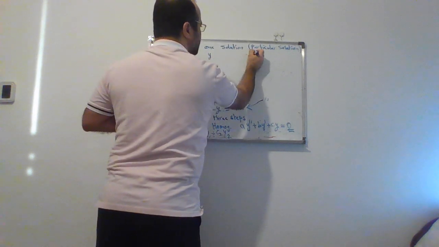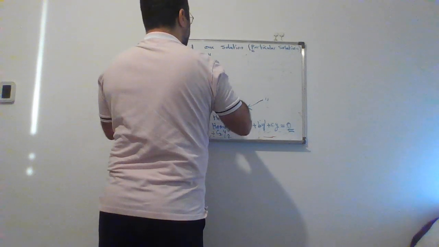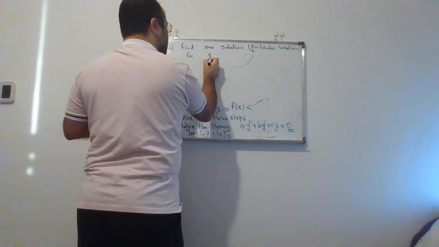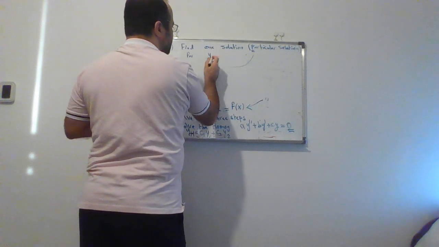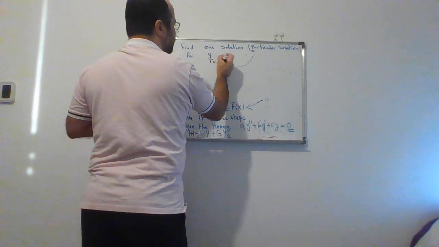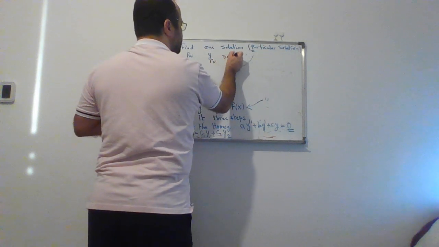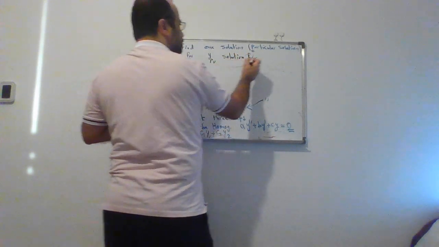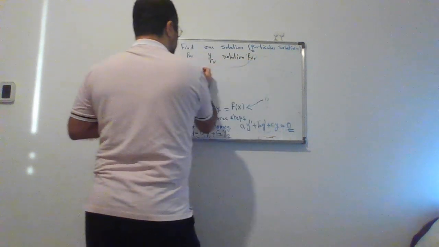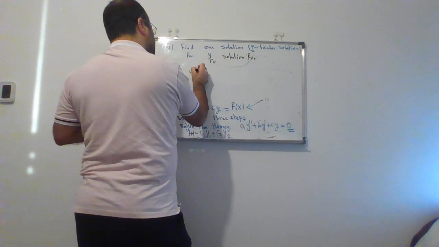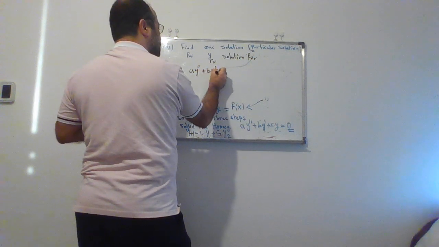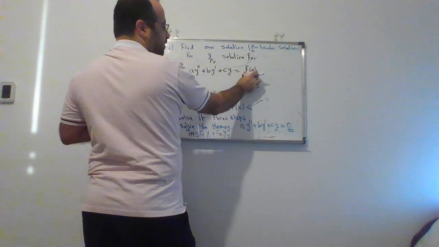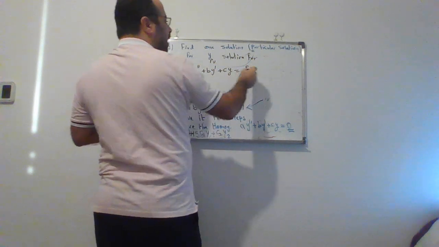I'm calling it y particular, right? So that p here is y particular, which is a solution for the full thing, which is ay double prime plus by prime plus cy equal to f of x.